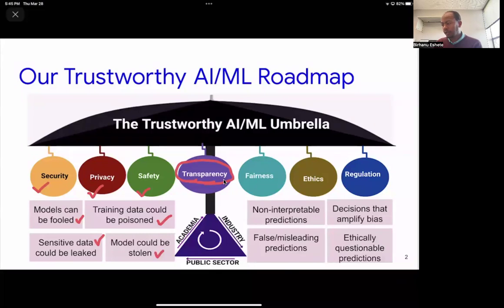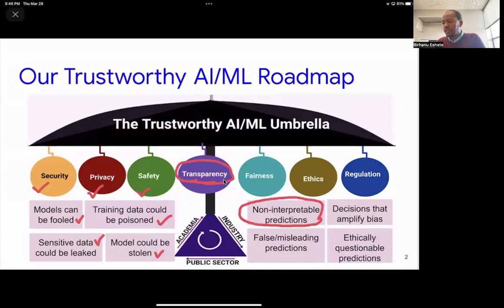And the goal that we want to achieve is this: when models produce predictions in some domains, understanding what went into the decision of these models is very important because these predictions have implications on people's lives, and the implications could be pretty sensitive.